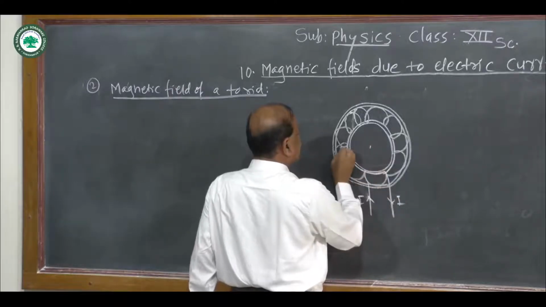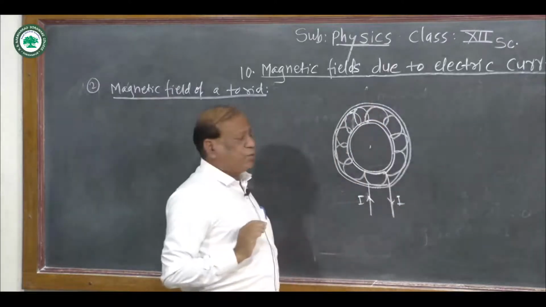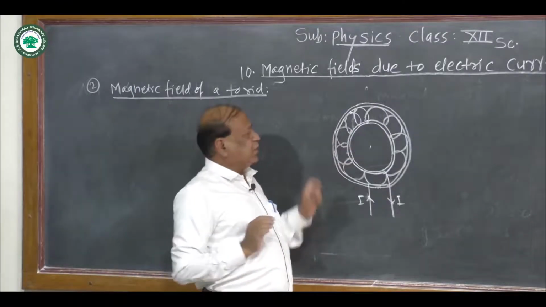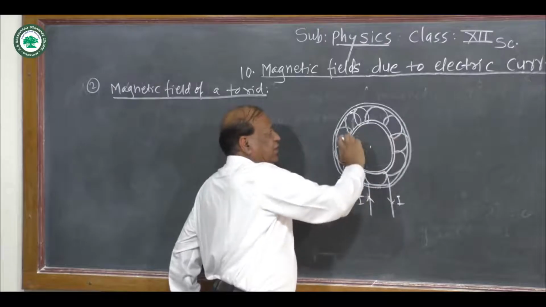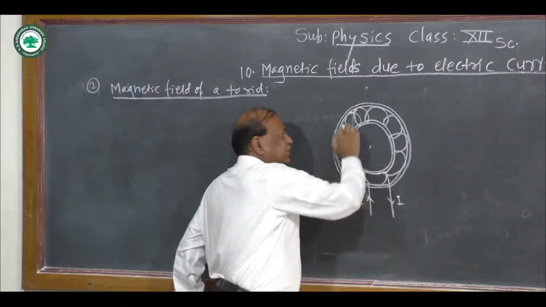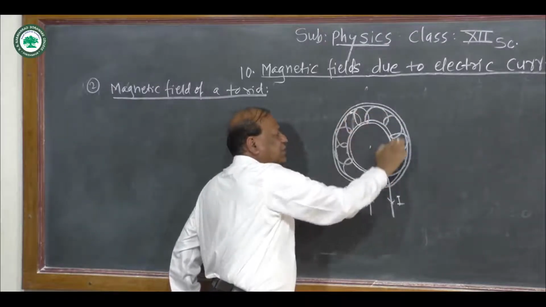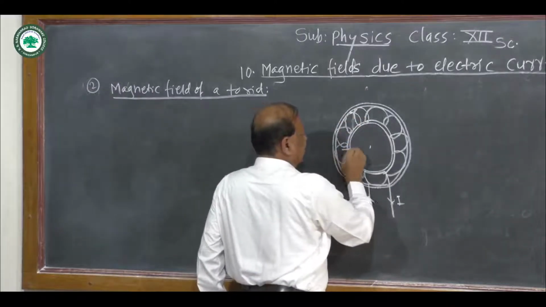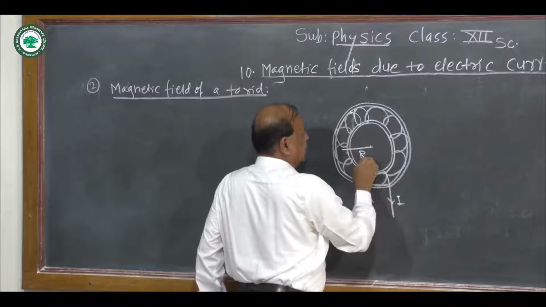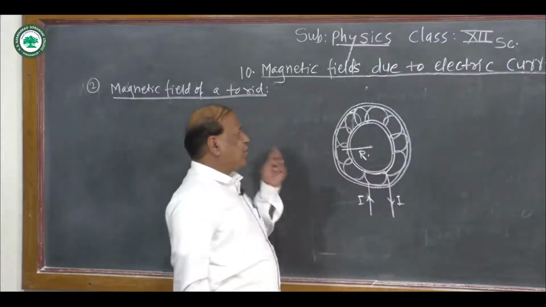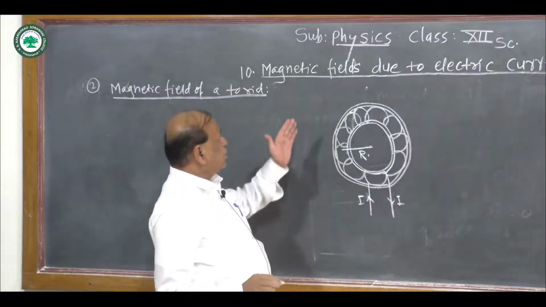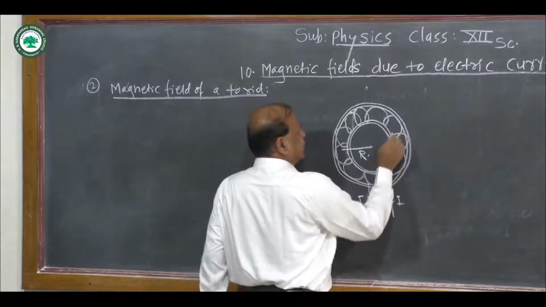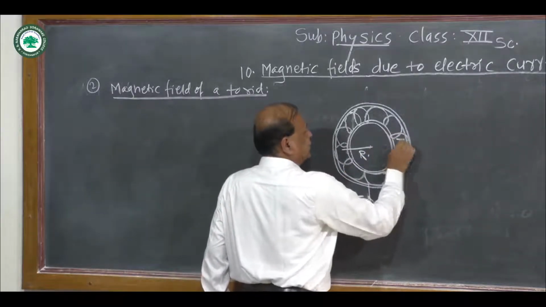Here is the center. Now you know that the magnetic field is present at the center of a solenoid. So here this is the center of the solenoid again, that is the circumference of this circle of radius r, r being the radius of that toroid. And now we have to find the magnetic field B at the center.